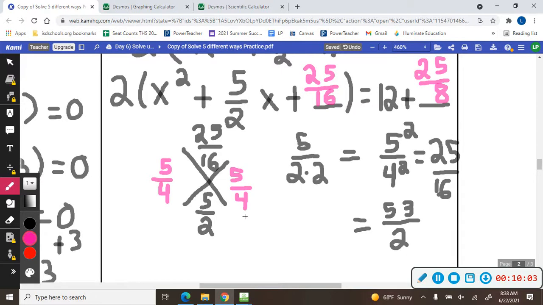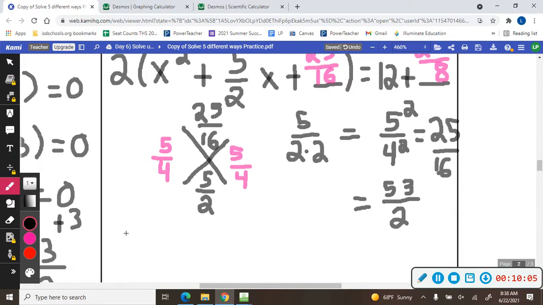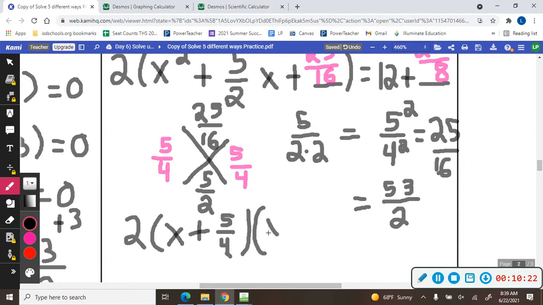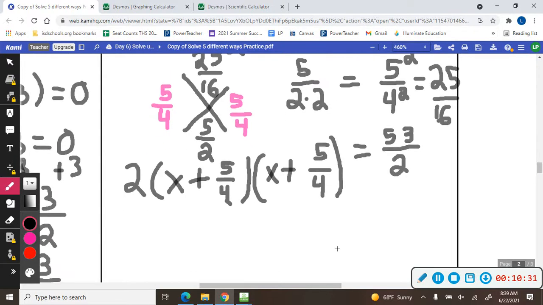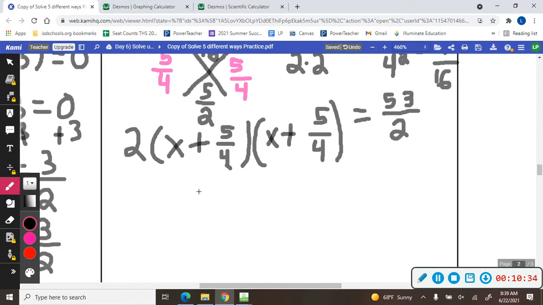So that means I'm going to get the same factor twice. So now I have 2x plus 5/4, 5/4, but 2x plus 5/4 is x plus 5/4 squared.